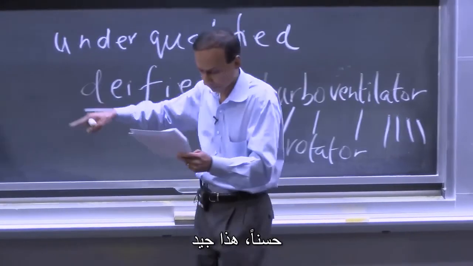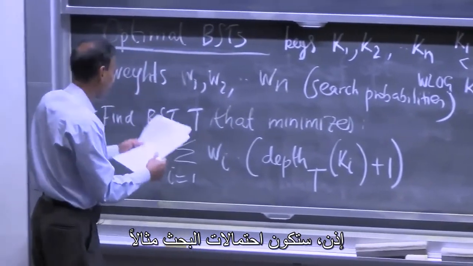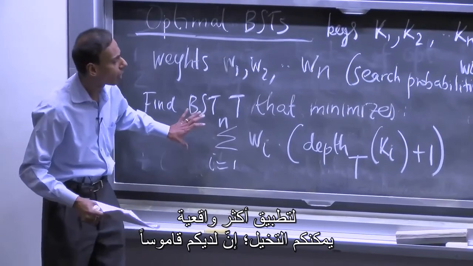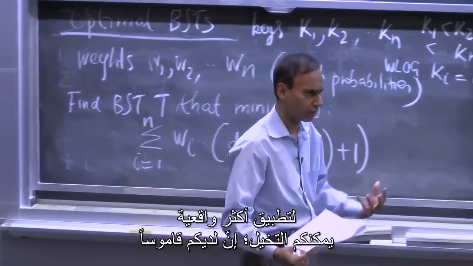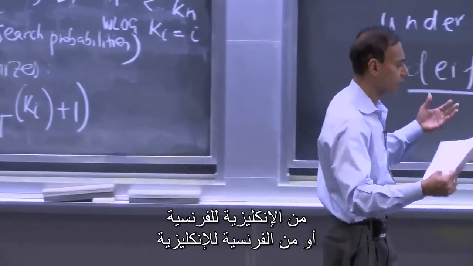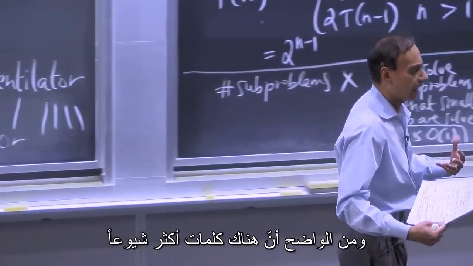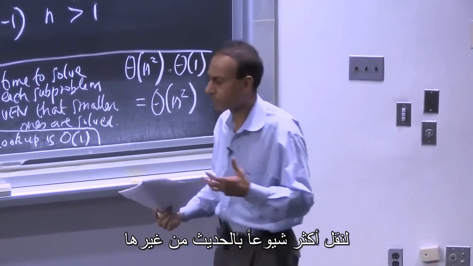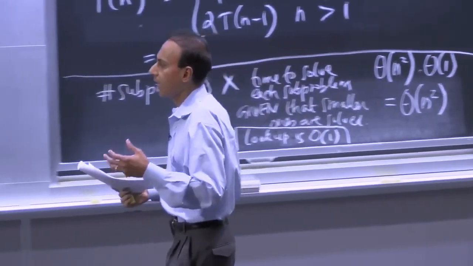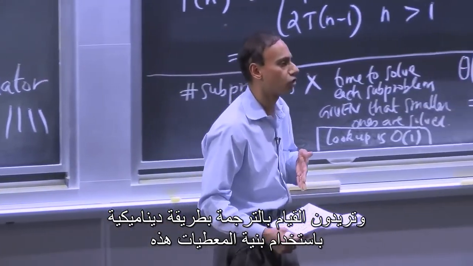All right, good. So the search probabilities would be an example. In terms of a more concrete application, you could imagine you had a dictionary, English to French, French to English, what have you. There are obviously words that are more common in common speech than others. And you want to do the translation in a dynamic way using this data structure.